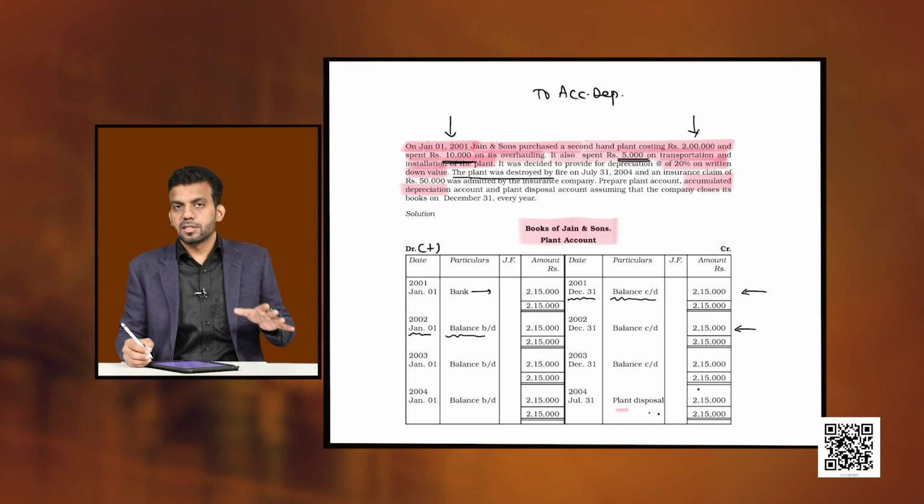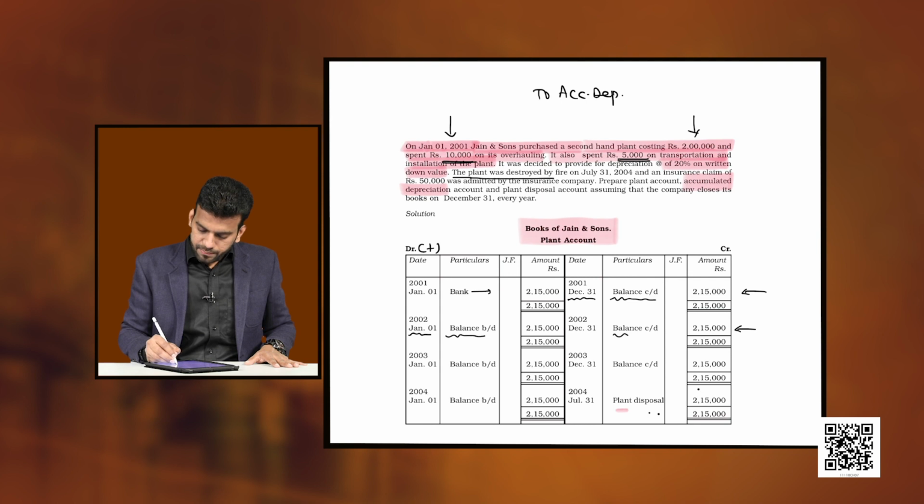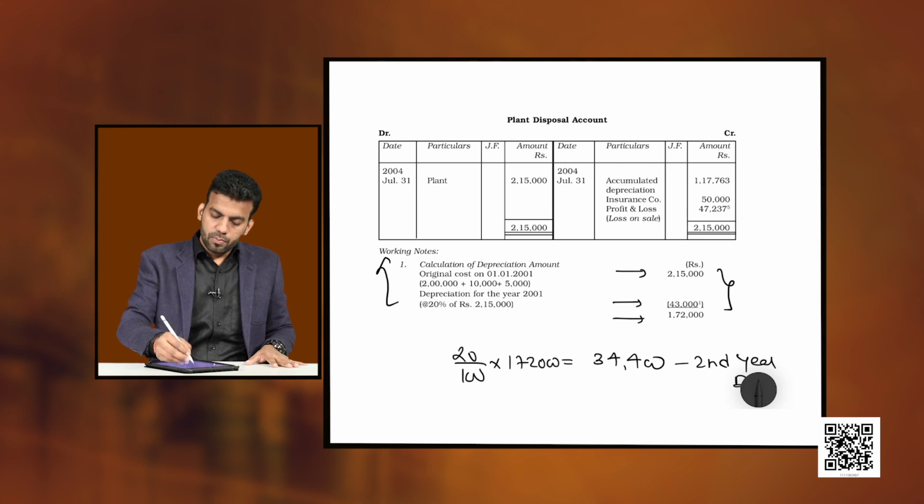And as I said, the balance of machine is not going to be changed until the machine is sold. Whatever the cost of machine is, 215,000, it is going to remain the same till the time of sale. So, CD will make it BD again. Now, we come to the third year of the machine, 77,400 on depreciation. So, the reduced value of machine in the second year was 137,600.